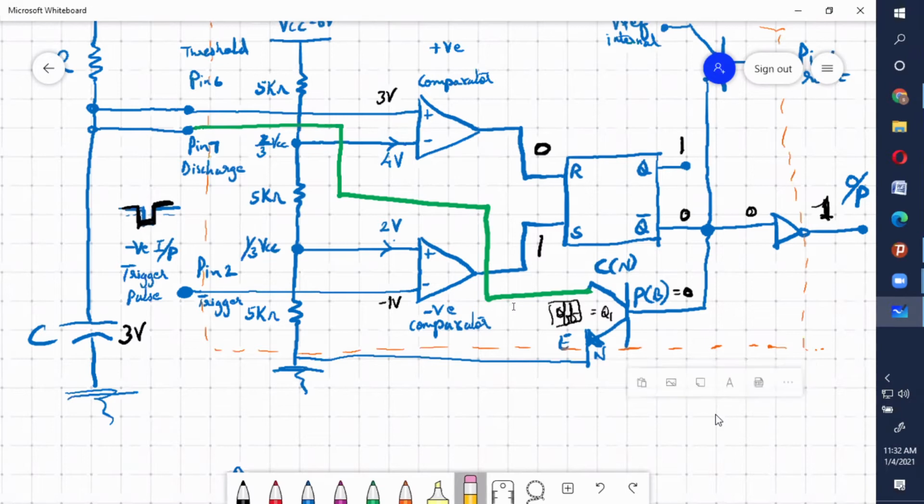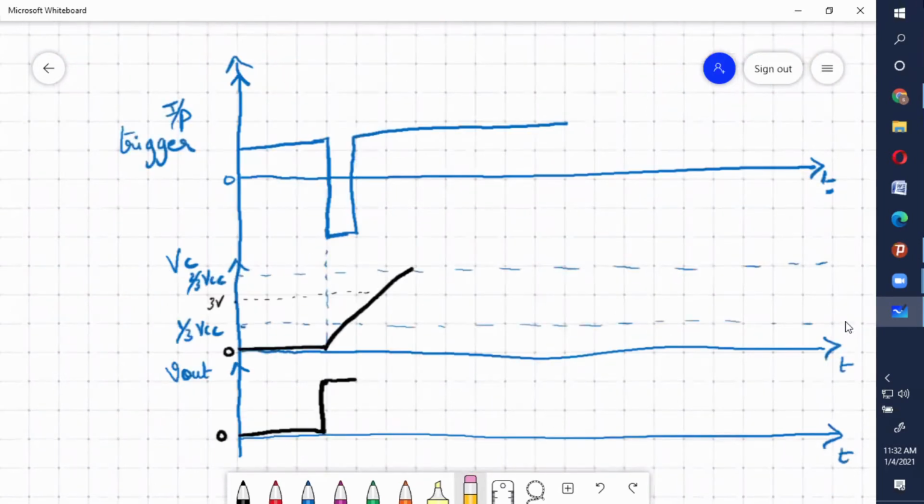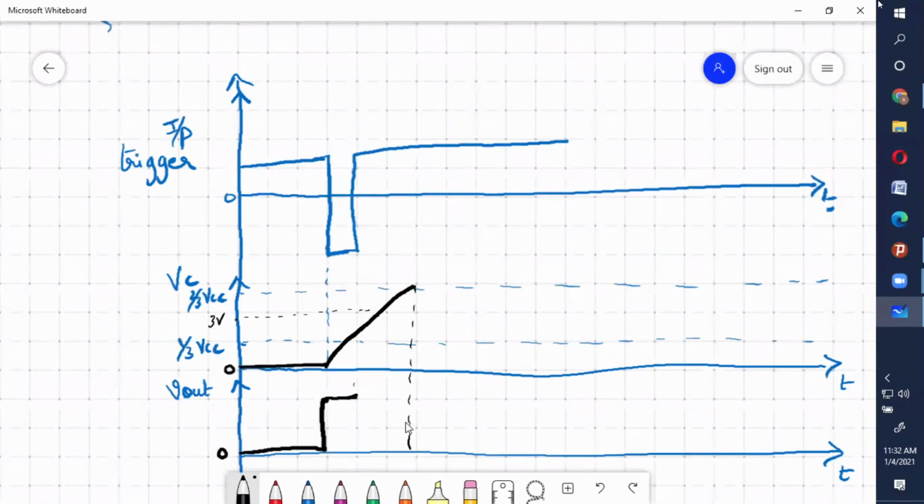Now we'll assume the next condition. Until it reaches this point, the output still remains 1. Clear, students? Slowly your capacitor is charged from 0 to 2/3.